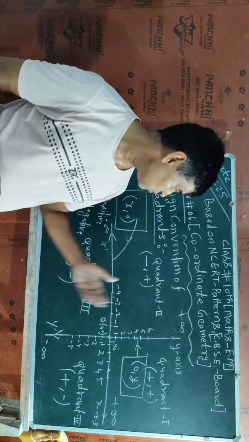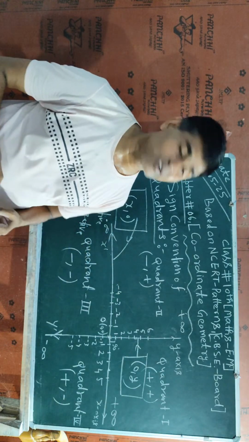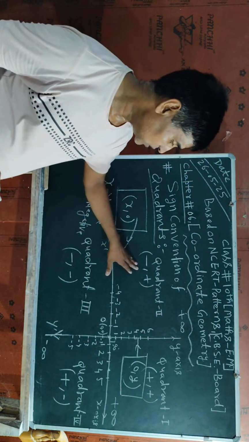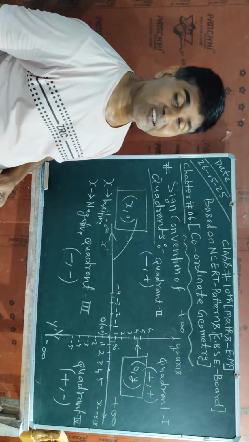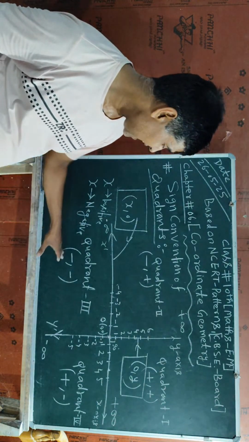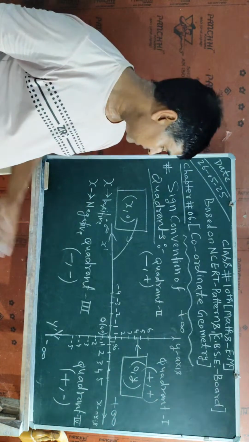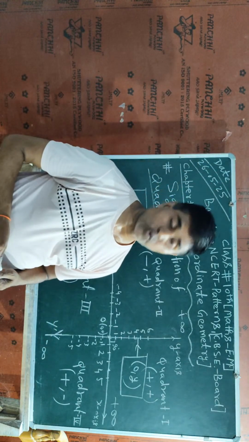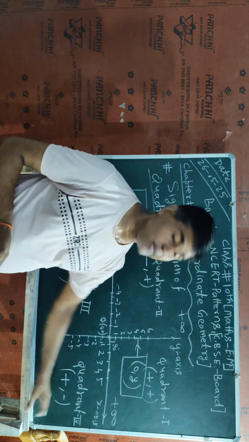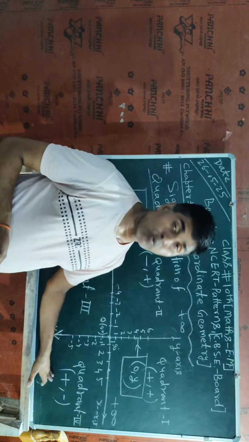If the first value is negative and the second positive, that point will fall in the second quadrant. If the x coordinate and y coordinate both have negative values, that point will fall in the third quadrant. Similarly, if the x coordinate has a positive sign and the y coordinate has a negative sign, that point will fall in the fourth quadrant.